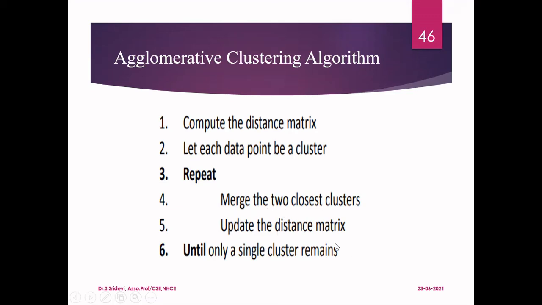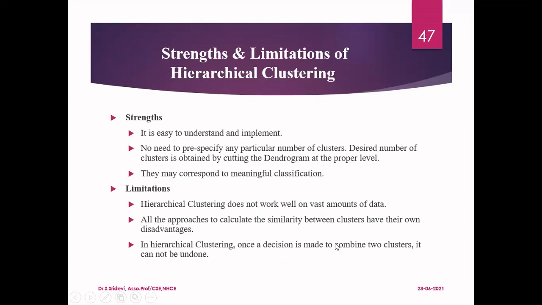Now let us see the strengths and limitations of the hierarchical clustering algorithm. The strengths are that it is easy to understand and implement, and there is no need to pre-specify any particular number of clusters, because in k-means, as I told you, that is a disadvantage. At the beginning of the algorithm itself, you have to specify the value of k. But here, no need.